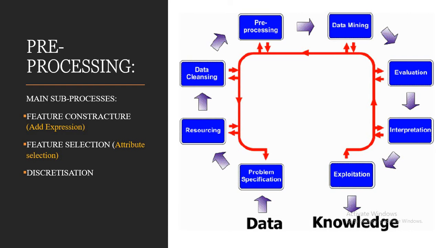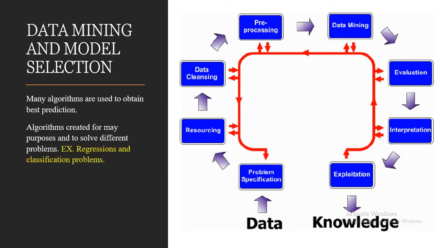The last sub-process is discretization, where Weka can reduce the number of values within an attribute. These are all the processes of the pre-processing stage. We need to make sure that these are done in order to get high accuracy with low errors.